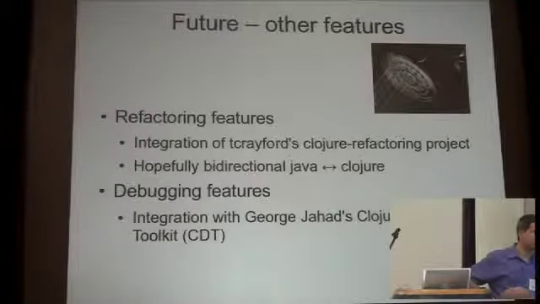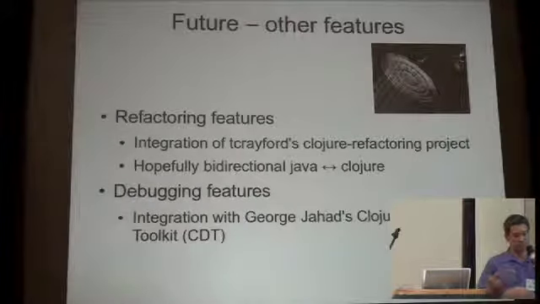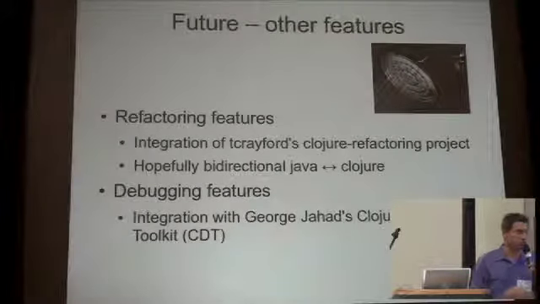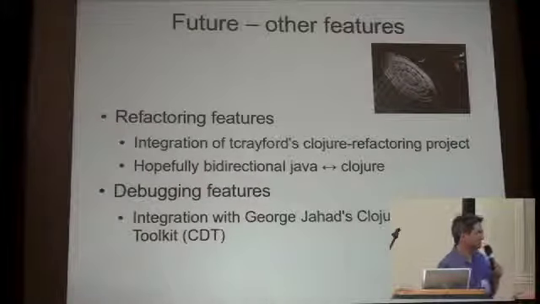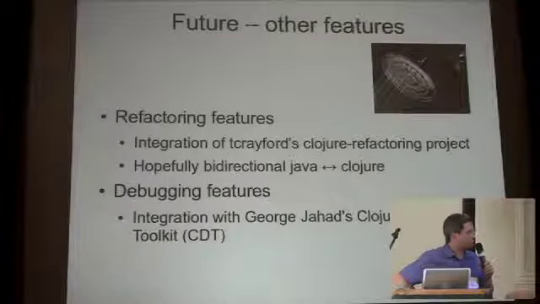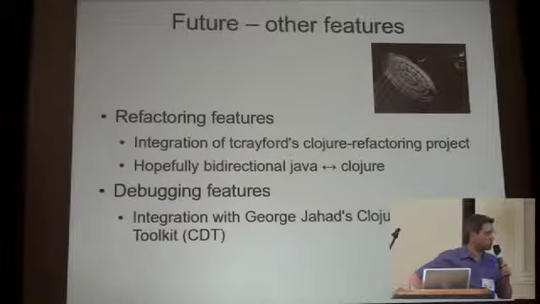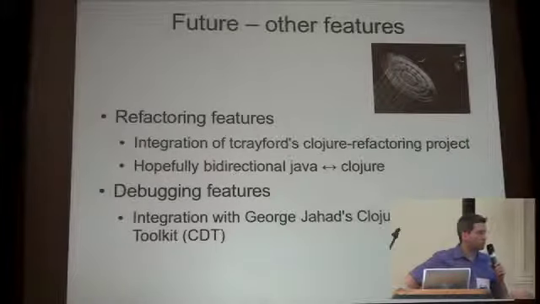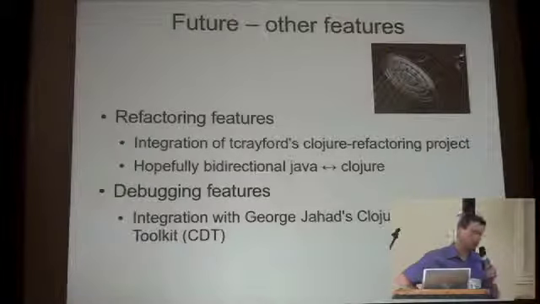I mean, if you're in the Java editor and you change the name of a method, there are hooks in Eclipse to say, hey, Java method changing, and I change the name in the relevant Clojure files. Yes, it seems to be possible. We'll see. And I also intend to try to integrate with George Jahad's Clojure debugging tools, which is very impressive from within Emacs. I hope that it will also be impressive from within Eclipse.